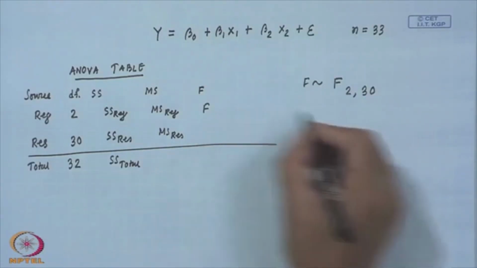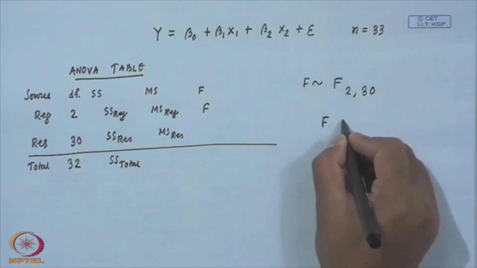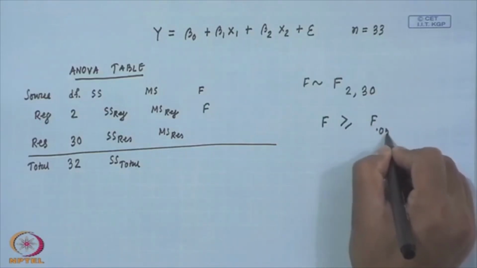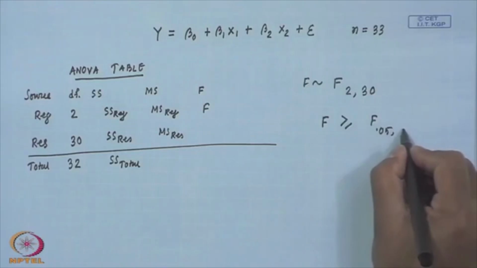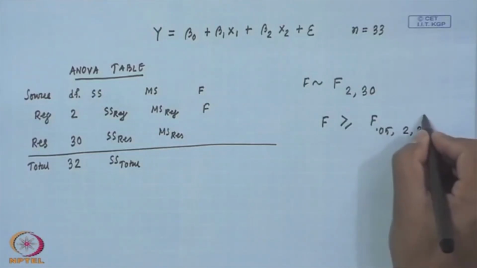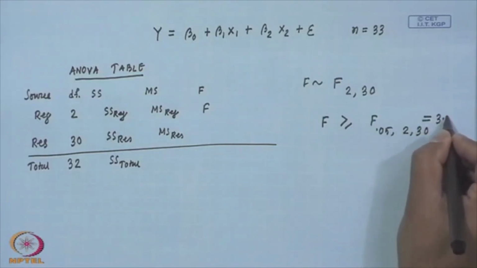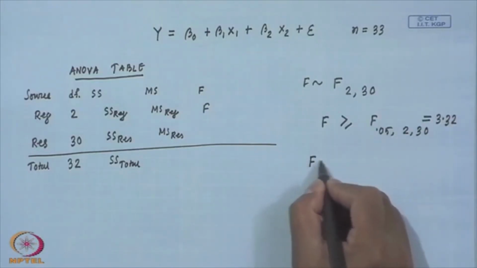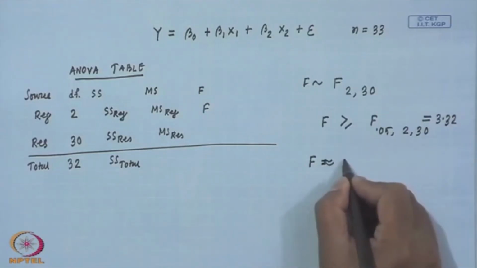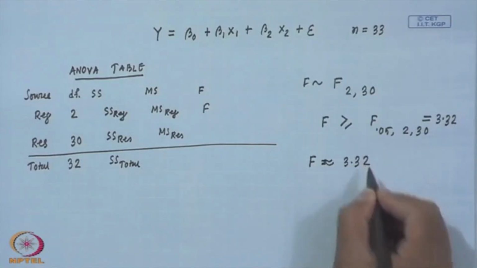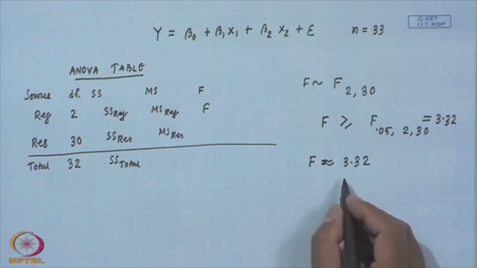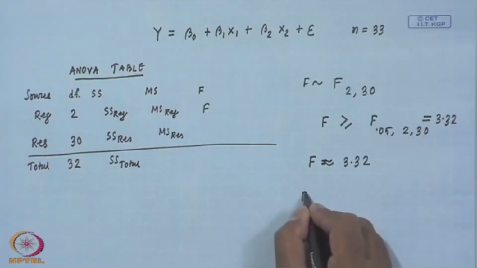So, that means the observed F value is just greater than or equal to the F value at 0.05 level with the degree of freedom 2, 30, which is equal to 3.32. So, you can assume that the observed F value is close to 3.32, and from here you have to compute the R square value.